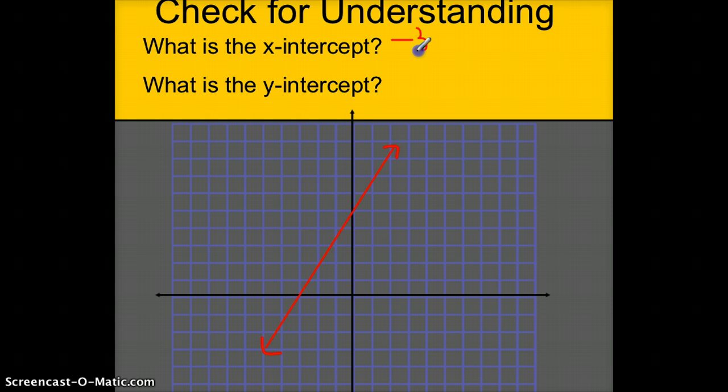If you take a look at where it crosses, it's right down here where x is negative 3. What about the y-intercept? Hopefully you got 5. Taking a look at your y-axis, see where the graph crosses the y-axis? It's at the point (0, 5), so your y-intercept is 5.